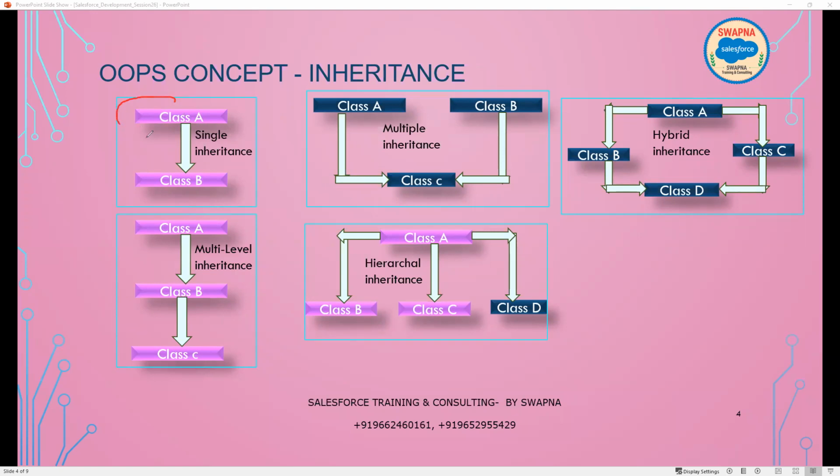Now, in Salesforce the concept is it should have only one parent. That means children can be multiple, but the parent should be a single parent. In Salesforce OOPS, the inheritance supports single inheritance.